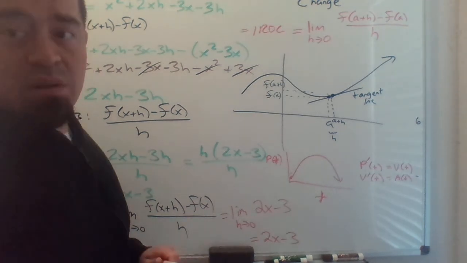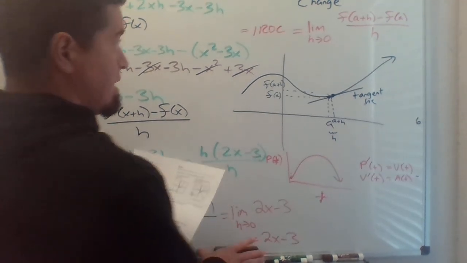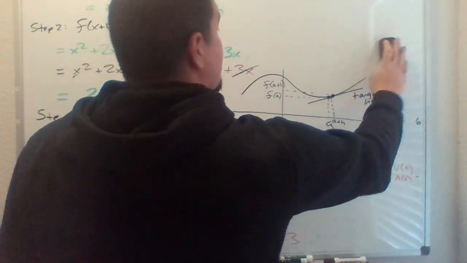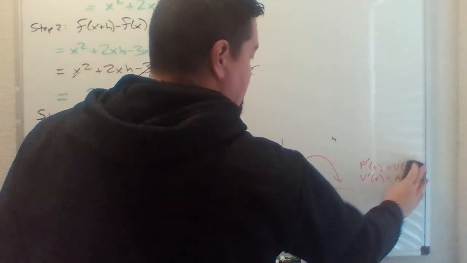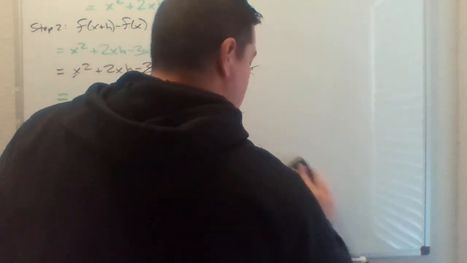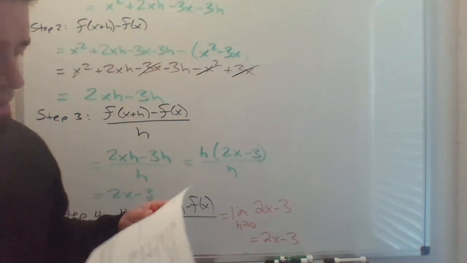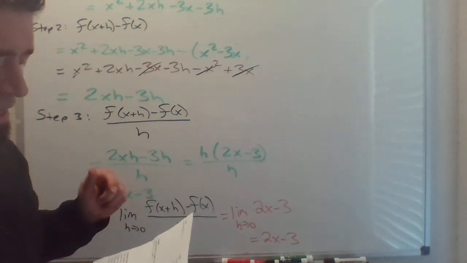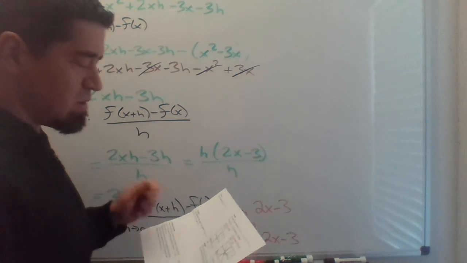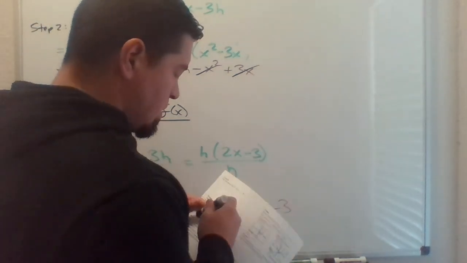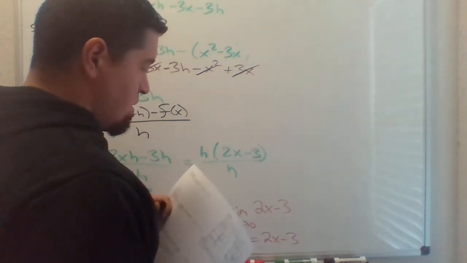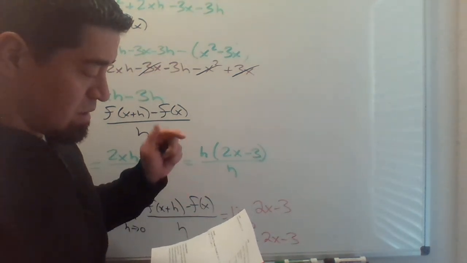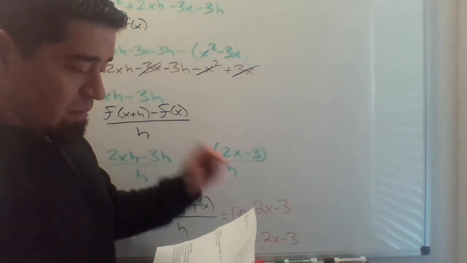With that said, the next example is actually kind of a continuation of this one. Let's look at that. It says find the slope of the tangent line, f of x equals x squared minus 3x, at those x coordinates.